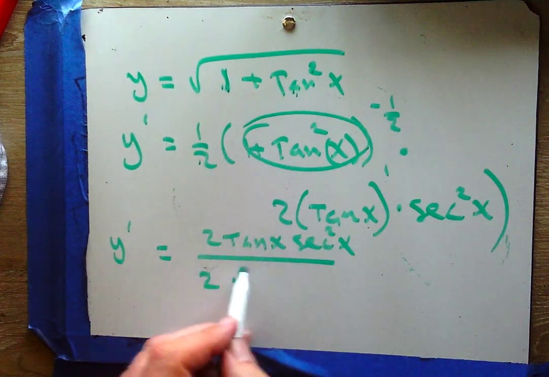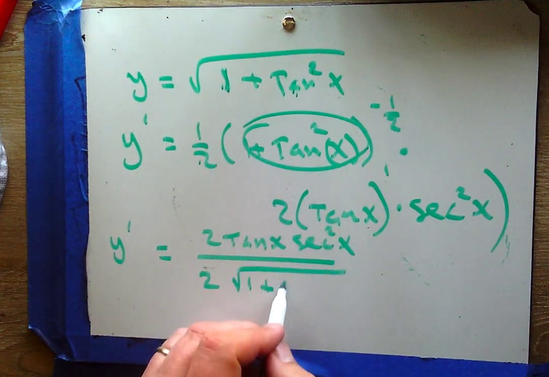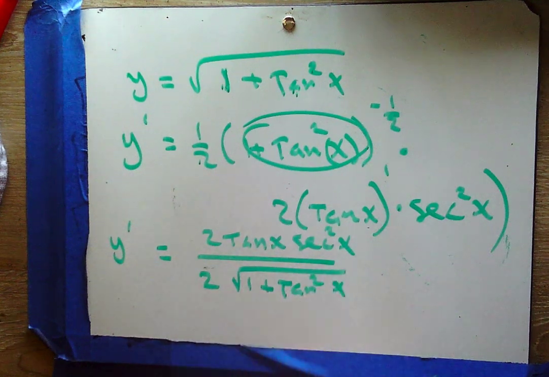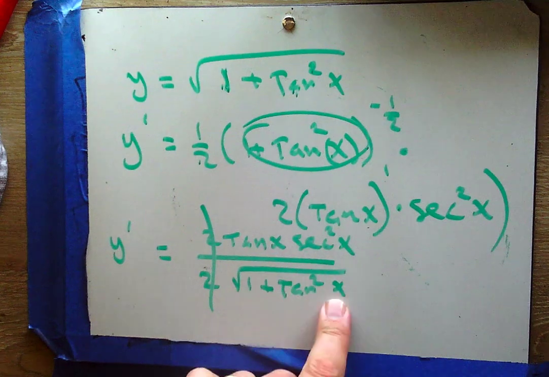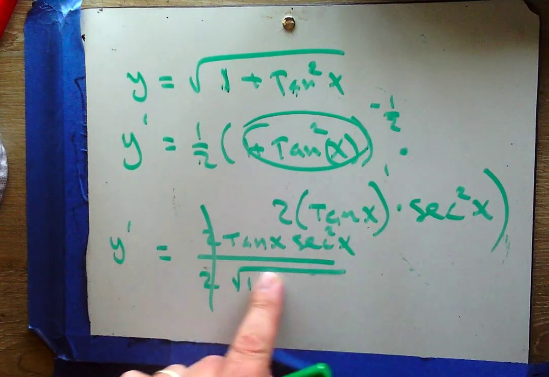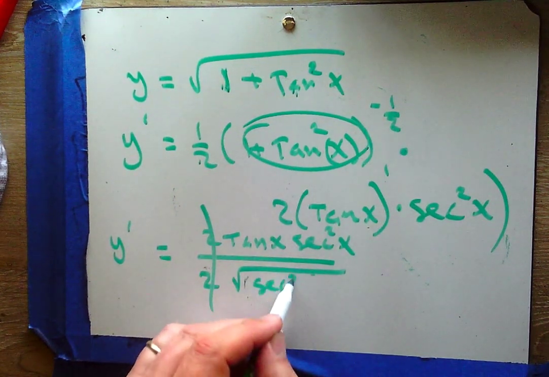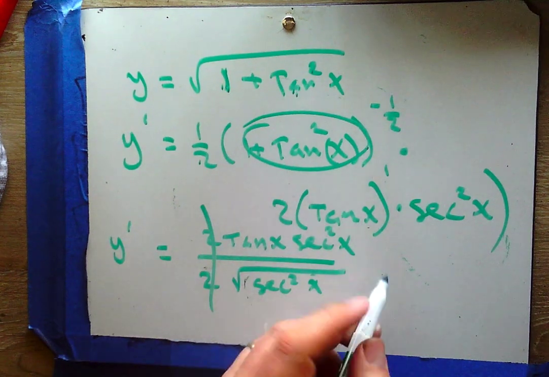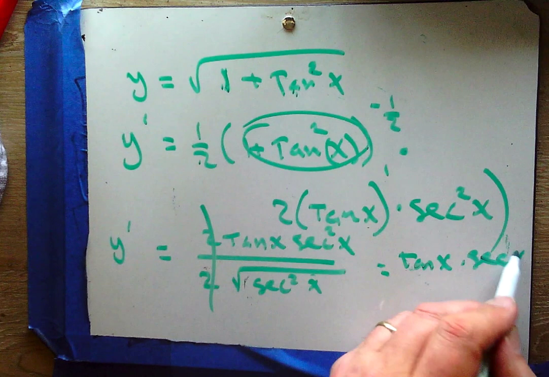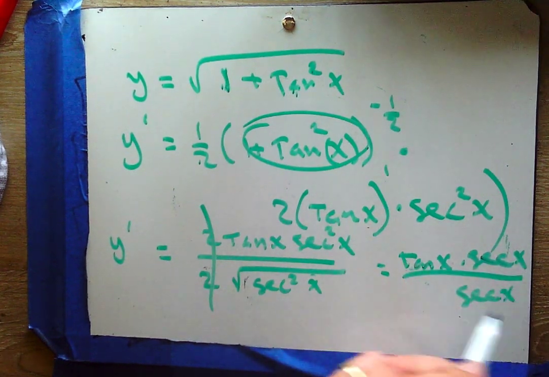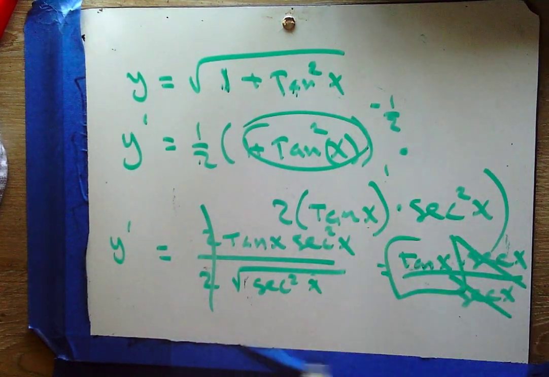And then I have this square root of 1 plus tangent squared x. Well, at least we cancel. 1 plus tangent squared? Do you remember? Secant squared. Square root of secant squared? Secant. I get 10x. The derivative of this is 10x.